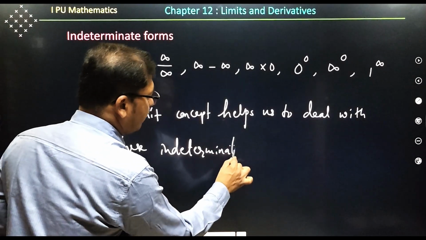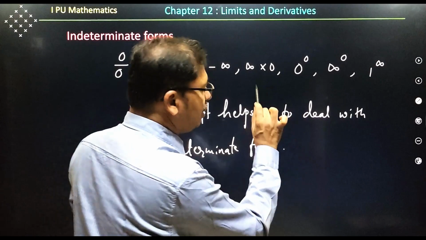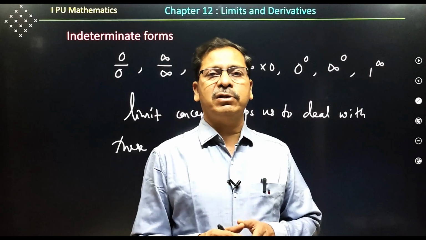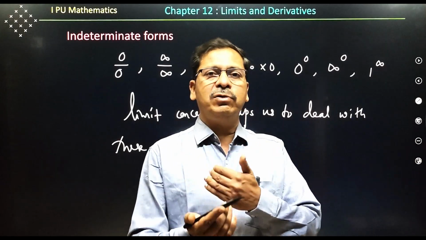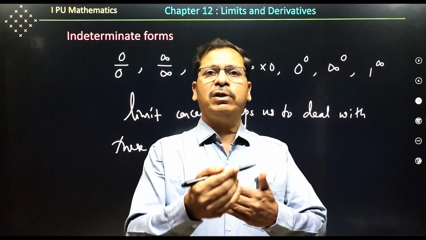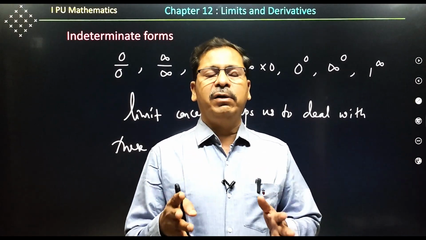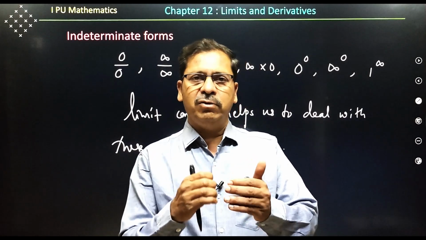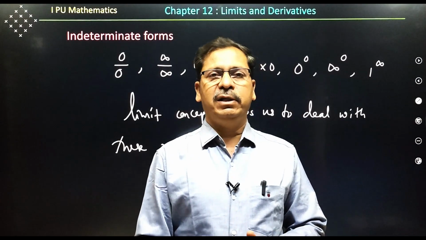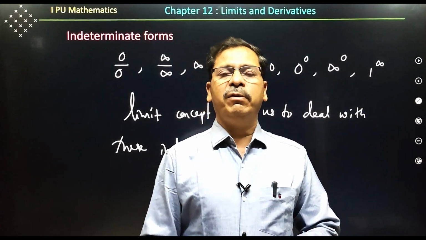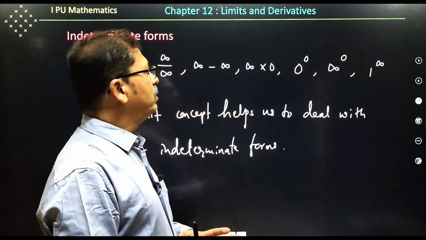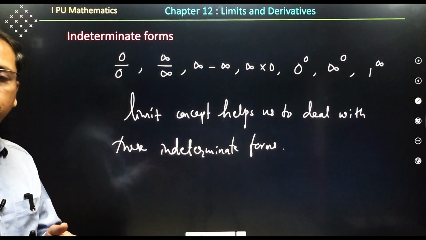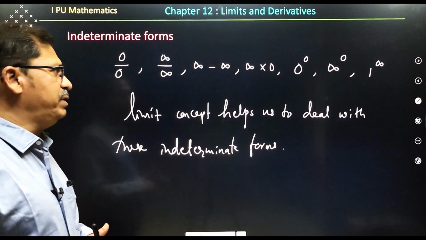So whenever, please listen to me, the function is leading to an indeterminate form, we can evaluate that function in the neighborhood of the point which is responsible for the function becoming an indeterminate form. So in the neighborhood, we take the values and then we can evaluate it by applying the concept of limit. So this is the main use of the limit of the function. So these are the indeterminate forms. To deal with the functions which lead to indeterminate forms, we apply the knowledge of limits and solve the functions.